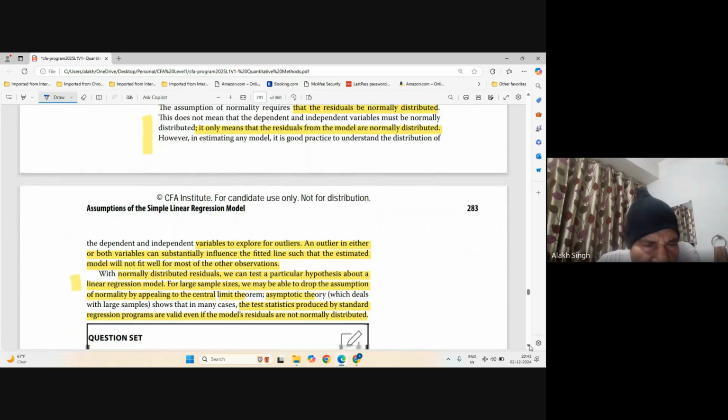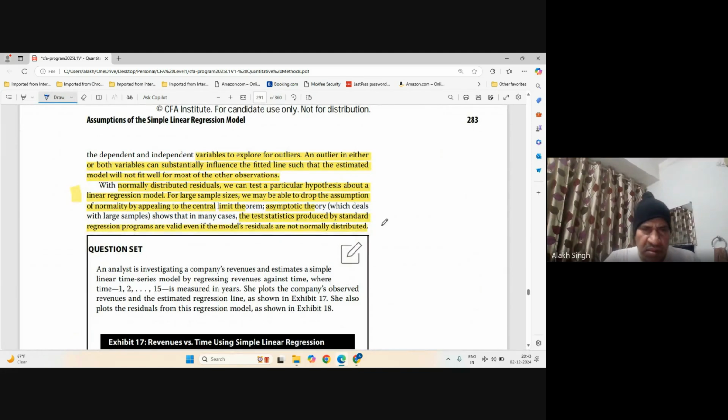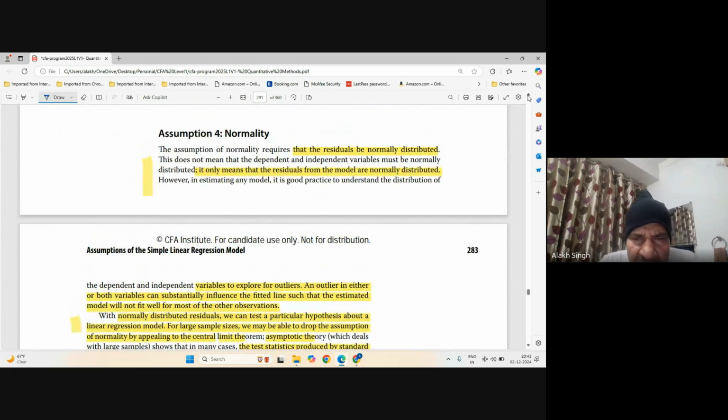Then assumption 4, normality of error terms. We had already discussed the normality of error terms. What does this book tell? The assumption of normality requires that the residuals be normally distributed. Only error terms. That doesn't mean that dependent and independent variables must be normally distributed.